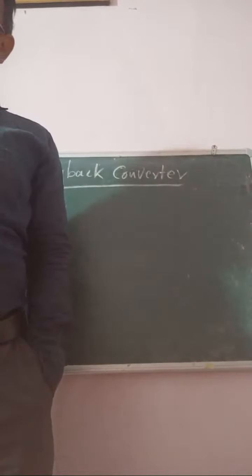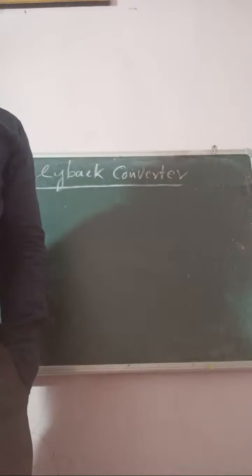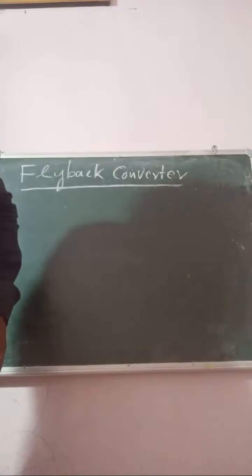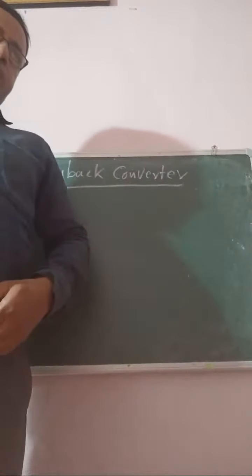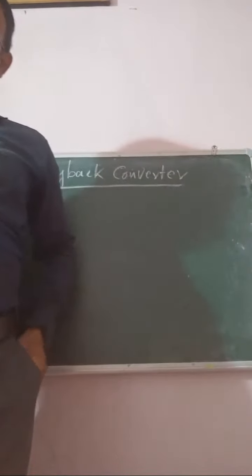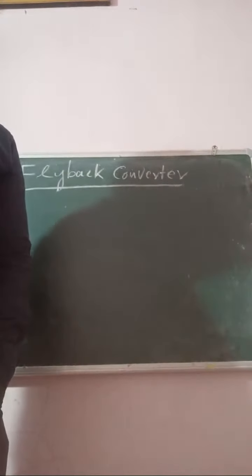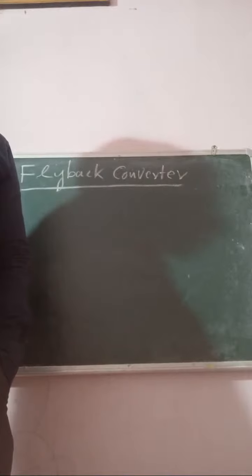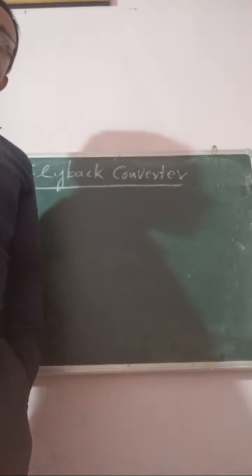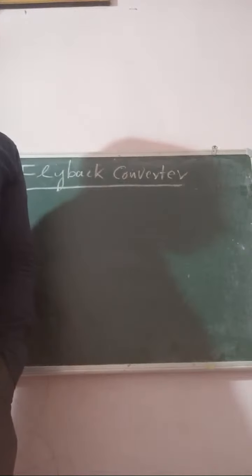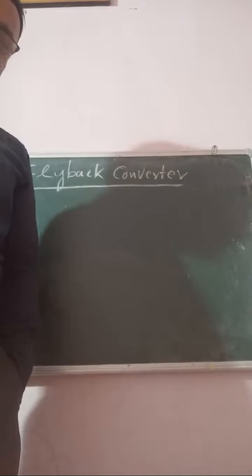From that, it is named the flyback converter. But now we'll understand what the flyback converter is. It is an isolated converter, which means the source and load are isolated by a transformer.